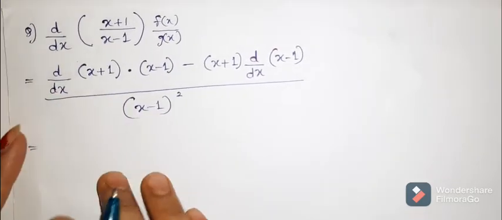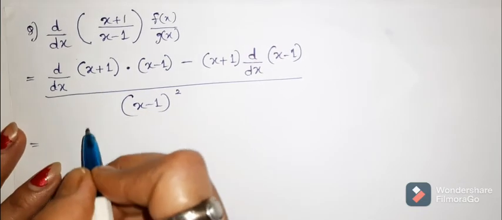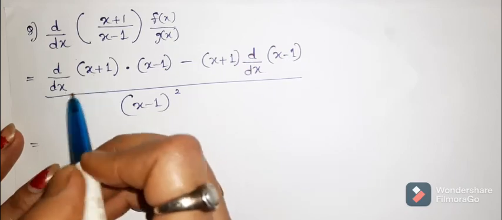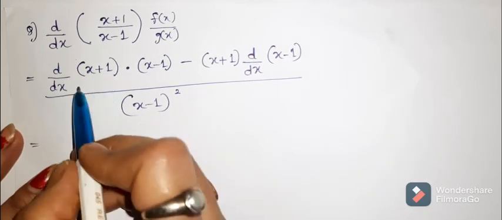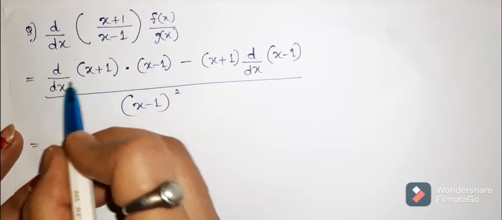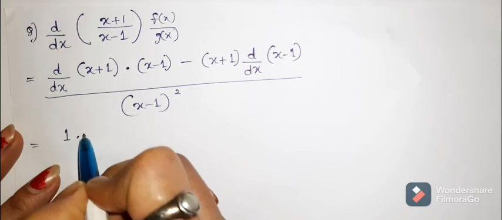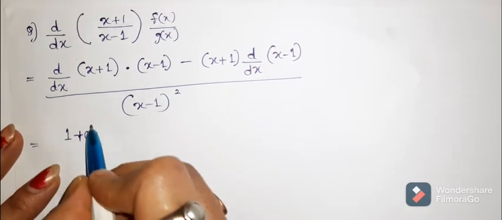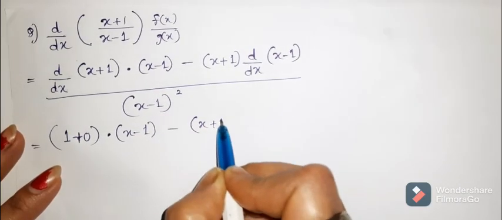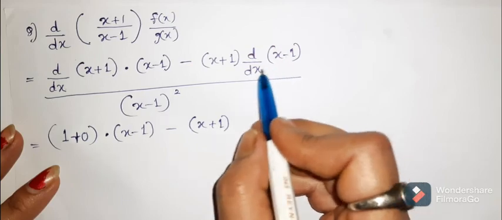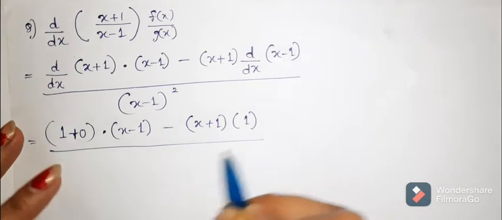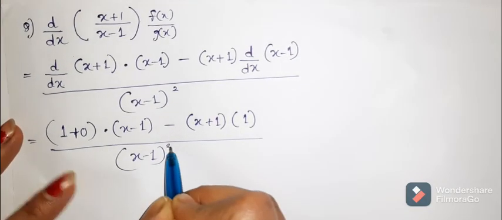Okay, now d/dx of x plus 1. Here, applying the algebra of derivatives, d/dx of x is 1 plus d/dx of 1, which is a constant, so it will be 0. So 1 plus 0 into x minus 1. Again, here d/dx of x minus 1 is 1 minus 0, so ultimately it becomes 1, divided by x minus 1 whole squared.